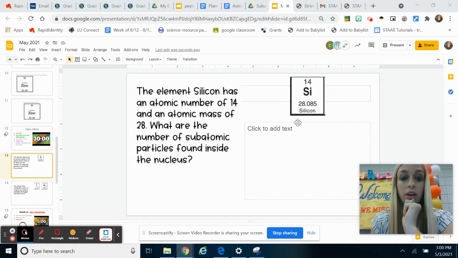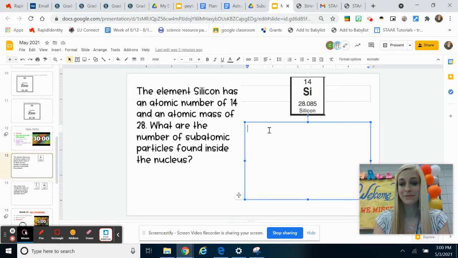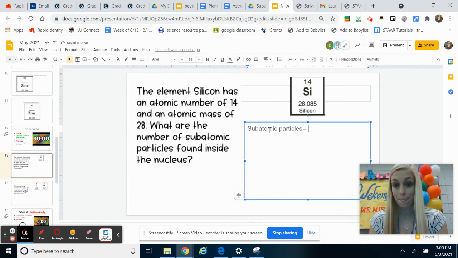It says, what are the number of subatomic particles found inside the nucleus? So the number of subatomic particles in the nucleus. So first off, what's that word subatomic particles mean? So you'd have to think way back to the beginning of the year.